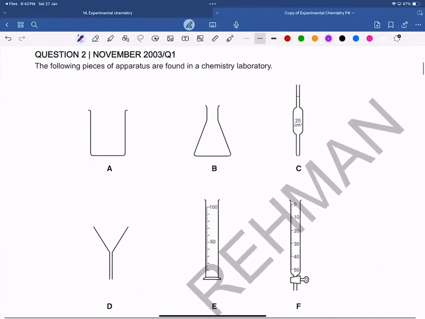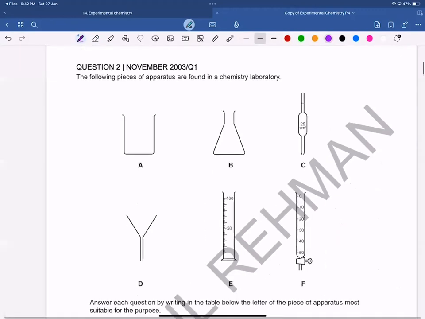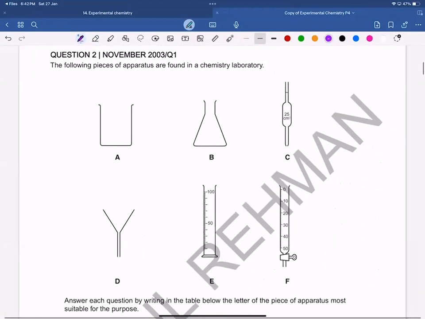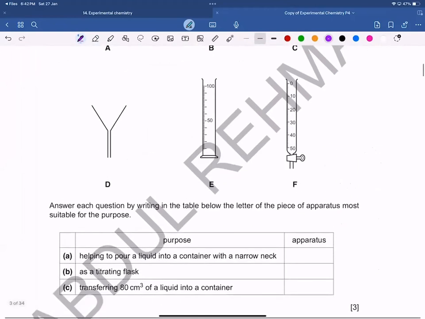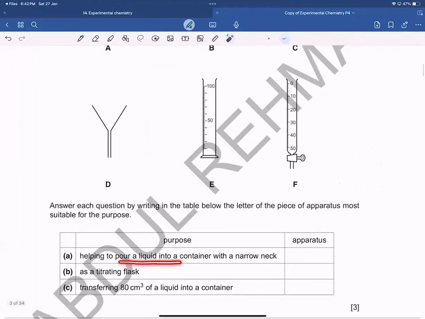Now we have discussed all of these apparatuses except I think one. Answer each question by writing in the table below the letter of the piece of apparatus most suitable for the purpose. And I have discussed the purposes with you as well. Helping to pour a liquid into a container with a narrow neck.